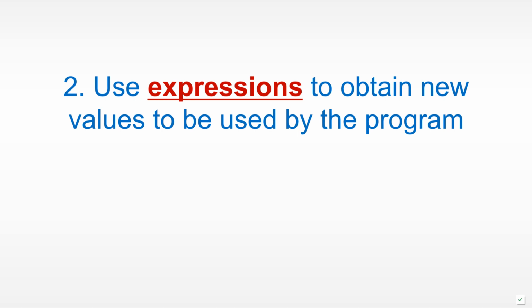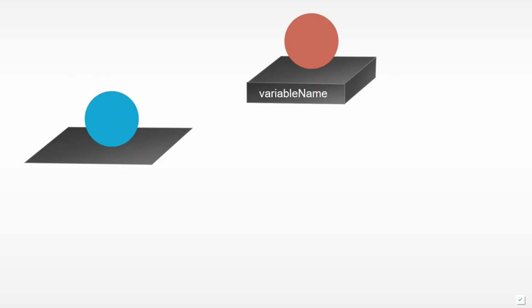This is their definition. Of course, one thing that we really want to have in a program is the ability to generate new values. This is what allows us to make new things. Let us go through a very simple visual example of an expression. In this case, we have two values. One of them is stored in a variable and the other one is temporary, a red ball and a blue ball.